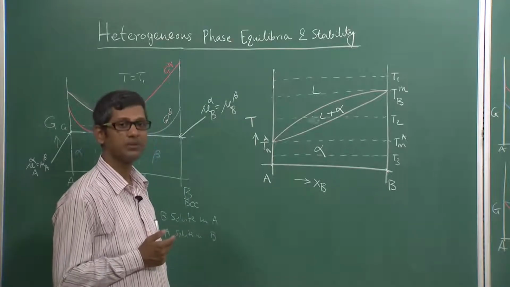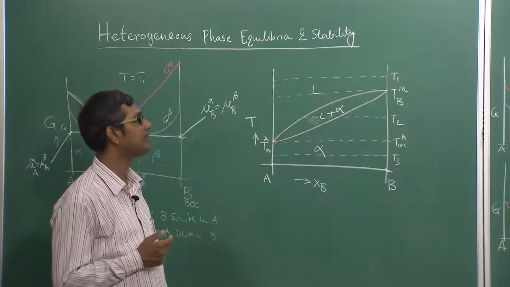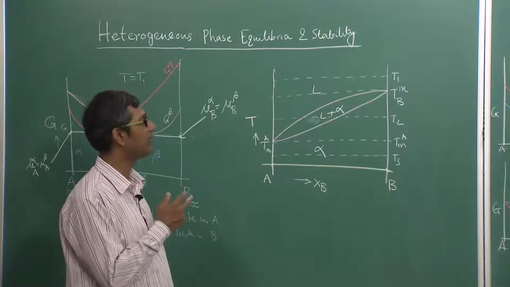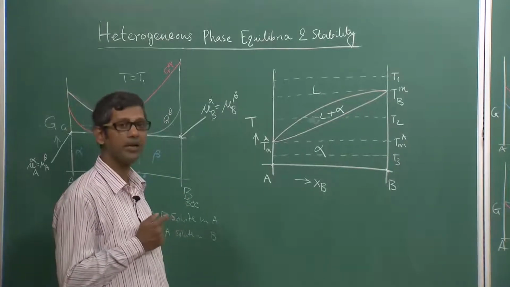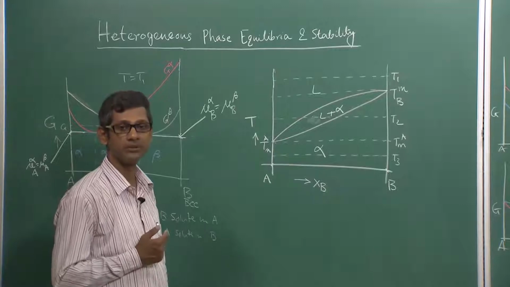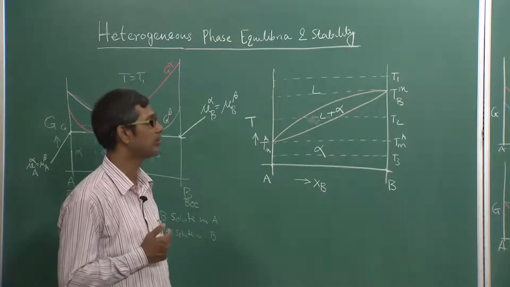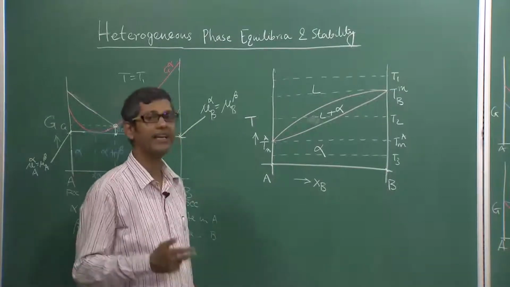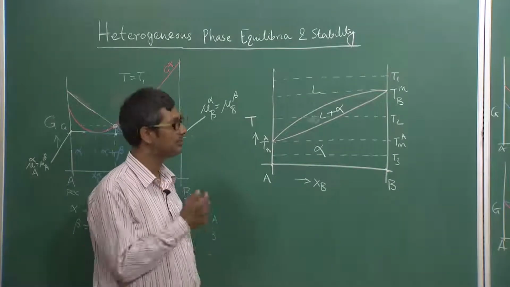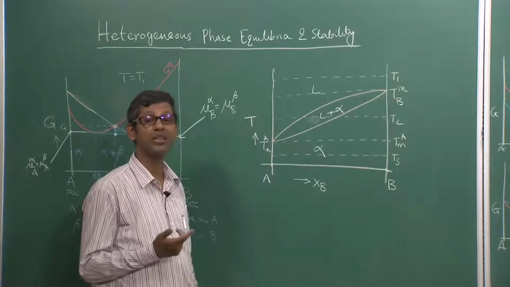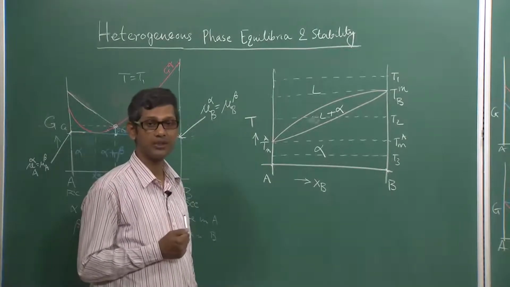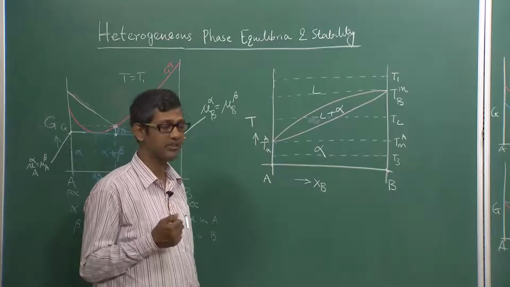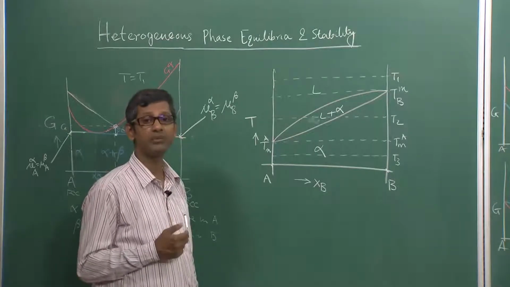And the fourth thing you must remember is that these free energy curves must be drawn from one end to the other end. Never ever leave it in between, because that does not look good. Obviously, the phase may not be stable from pure A end to pure B end, but free energy curves can be drawn, because we can always obtain the free energy information, or free energy functions can be obtained and plotted.